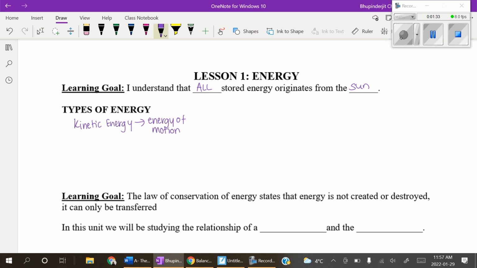And how we will be measuring this type of energy in this unit is going to be through a measure of temperature. So we're going to measure it with temperature change.